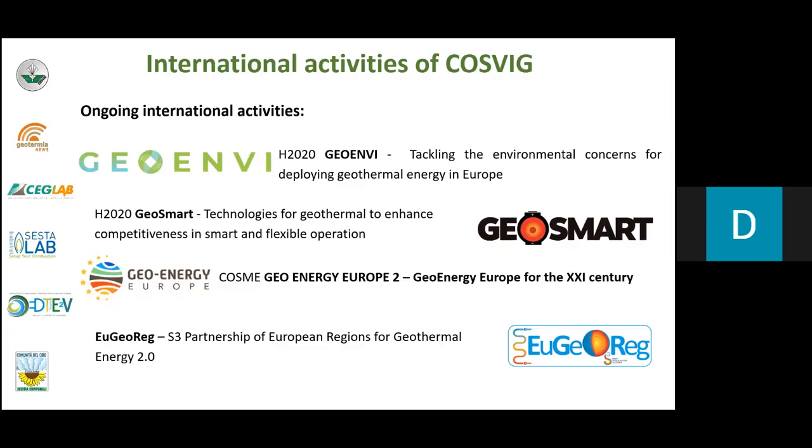So geothermal energy can be used as a background energy source that can be used when, for example, during the night the photovoltaics are not producing electricity. So it can be used as a sort of battery to stabilize the electricity grids.